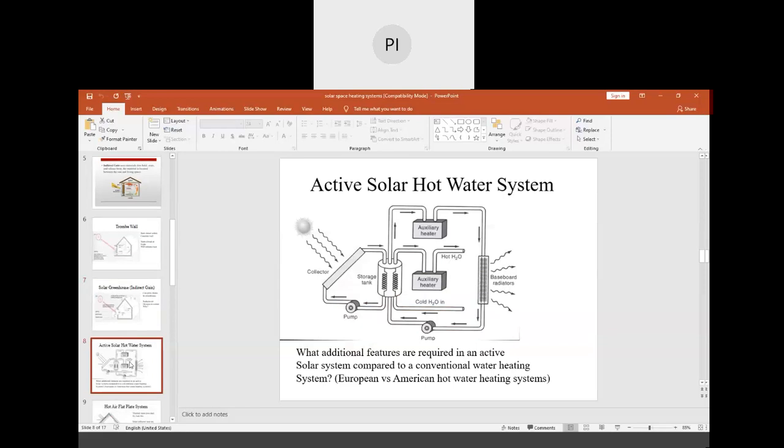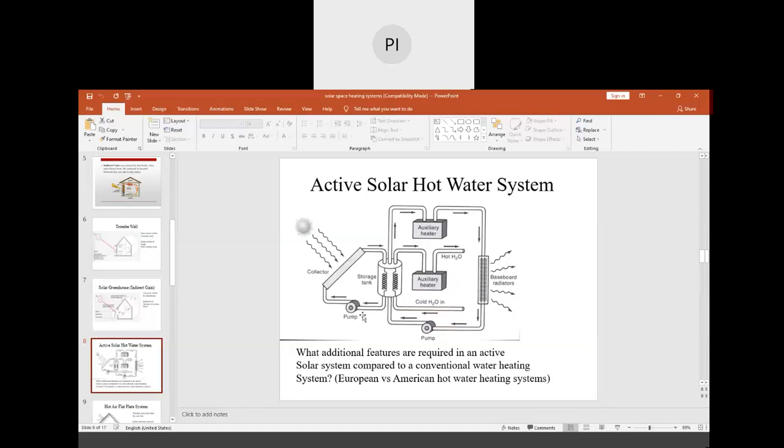Active solar water heating systems. We already discussed water heating systems, and the same phenomenon is applicable here also. Here is the solar collector and the storage tank.